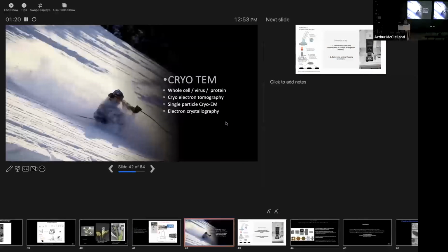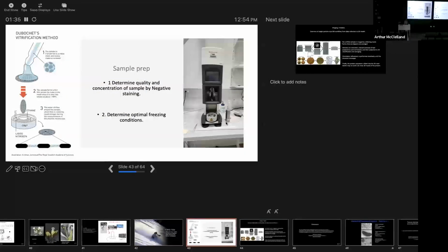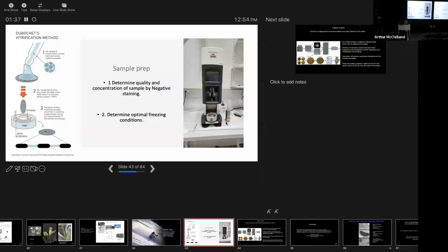All right, and then we'll talk a little bit about cryo-TEM. Cryo-TEM is for whole cells, viruses, proteins, cryo-electron tomography, single particle, and electron crystallography. The procedure, again, is relatively simple in theory. It's difficult in practice because you're working under liquid nitrogen temperatures.